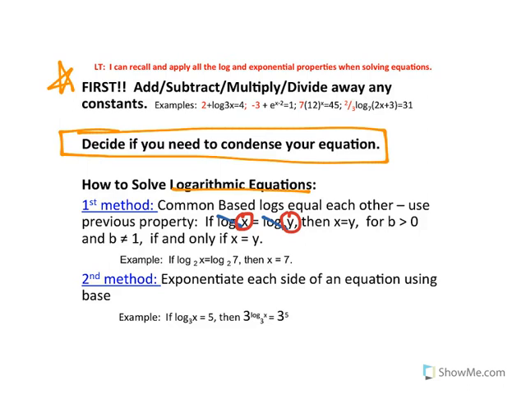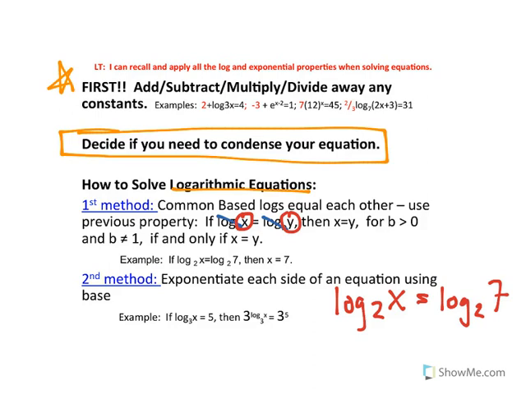For example, let's say I give you log base 2 of x equals log base 2 of 7. Now that's a very basic problem. We're going to see some that are way more advanced for today's class.